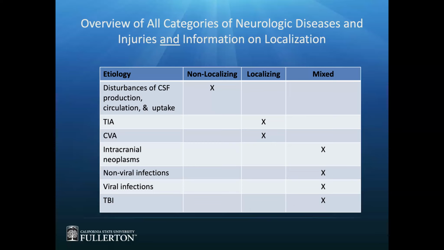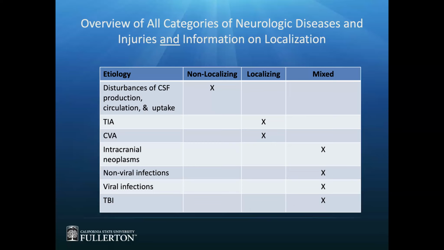That's a completed stroke. Intracranial neoplasms are mixed. Generally speaking, they may start off with a localizing sign wherever that cancer or tumor in the cranium is growing. That may produce a localized effect. But as the tumor or space-occupying lesion grows, it begins to put pressure in all directions, and the person gets confused.